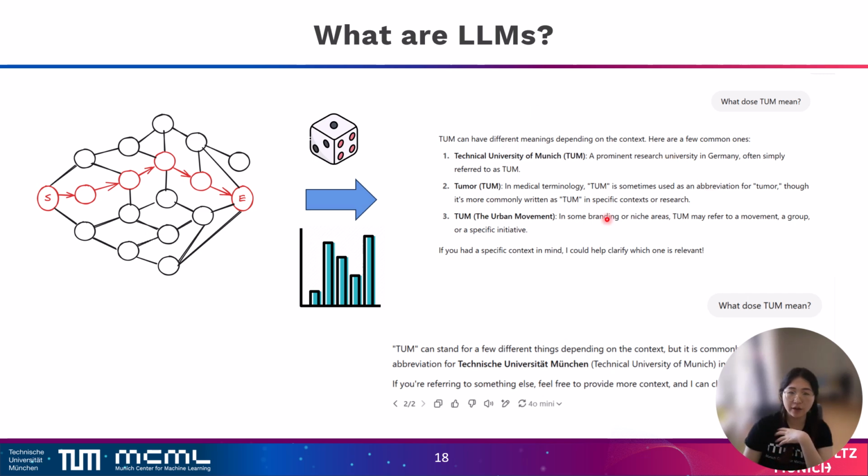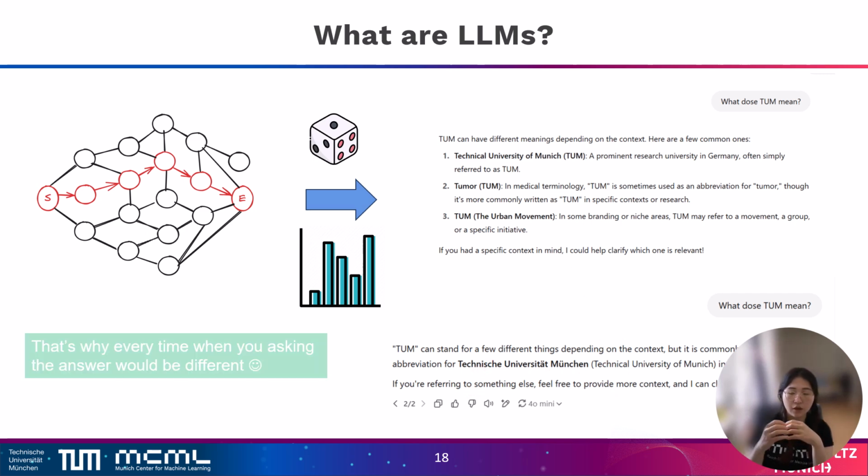Like the first time, the GPT answer is a little longer, but the second time is a little shorter. This is because the answer from the large language model is based on what kind of searching you set and also the distribution of the answer. So it means that every time it will be slightly different.